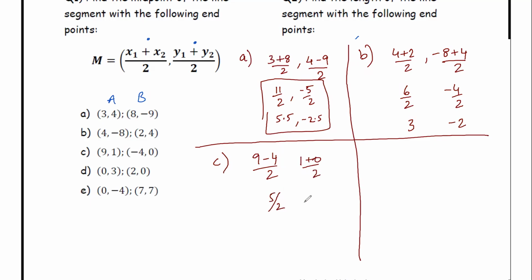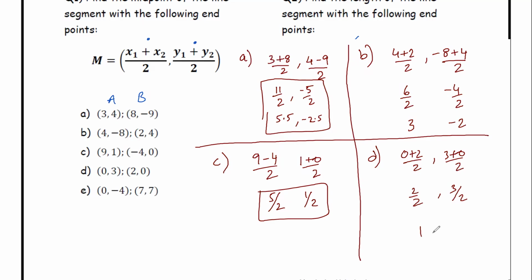So that's 5 by 2 and half. That's your answer. D. 0 plus 2 divide by 2, 3 plus 0 divide by 2. So that's 2 over 2 and 3 by 2. So that's 1 and 1.5.